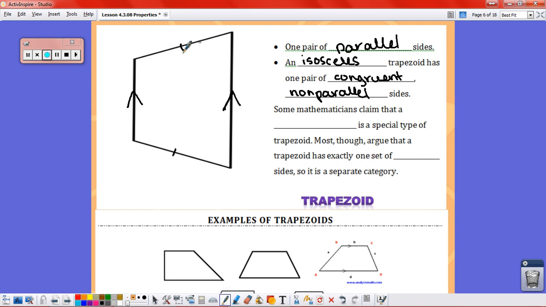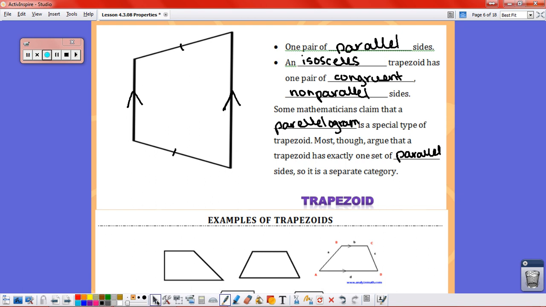They're the same size, but they are not parallel because obviously they would touch if they kept going this way. Some mathematicians claim that a parallelogram is a special type of trapezoid. Most, though, argue that a trapezoid has exactly one set of parallel sides, so it has its own special category.